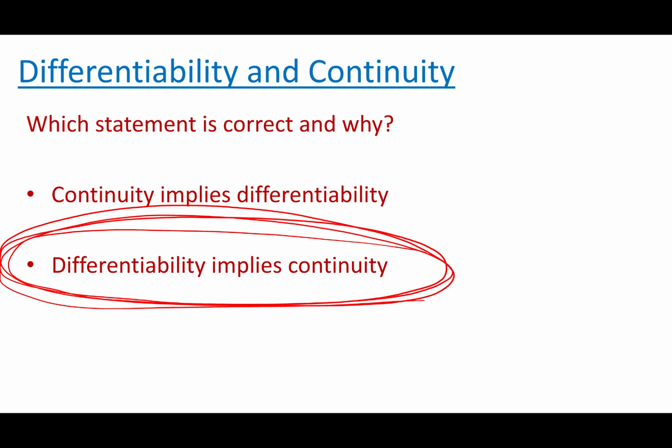But simply having a continuous graph does not imply differentiability everywhere. We went through those cases: corner, cusp, vertical tangent, discontinuity. Those are all continuous except the discontinuity one, but that does not imply that we can differentiate everywhere. So differentiability implies continuity.